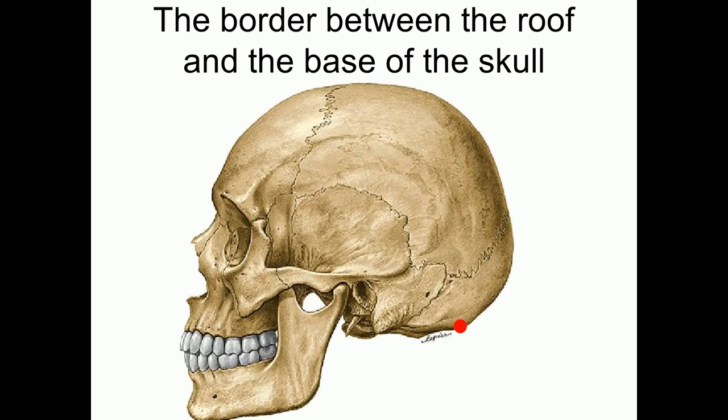Here it is, the skull, and the border may be drawn like this. How do we explain this line? For explanation, we shall list all the points which were connected by this line.